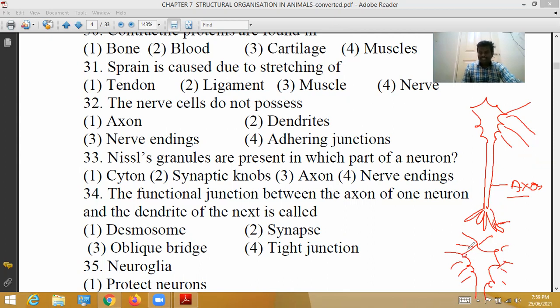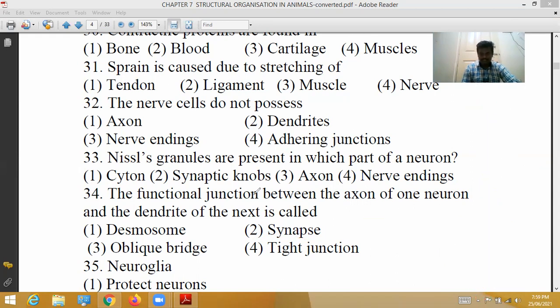So across the synapse, nerve impulses travel through this and again enter into the dendrons. This is called synapse. So among these four options, synapse is the correct option. The 34th question, correct option is synapse, option 2.